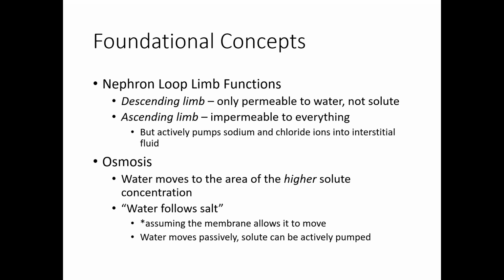We'll talk about this direction of movement a bit more on the next slide, but you need to know that the ascending limb is impermeable to everything: water is not allowed to diffuse, solute is not allowed to diffuse, but the ascending limb actively pumps sodium and chloride ions from the tubular fluid, from the inside of the nephron loop, into the interstitial fluid, so to the outside.